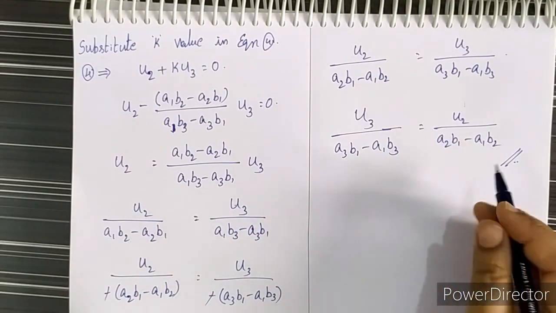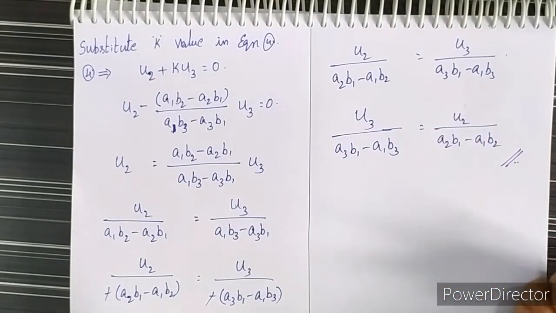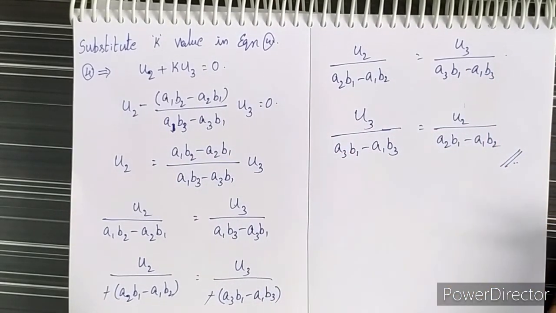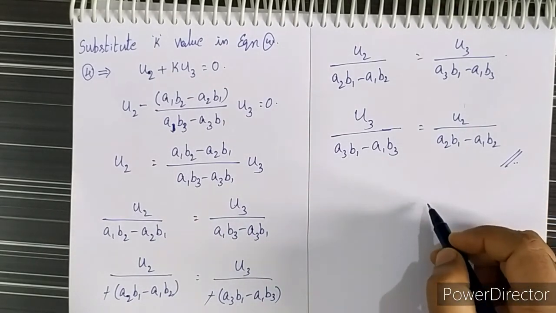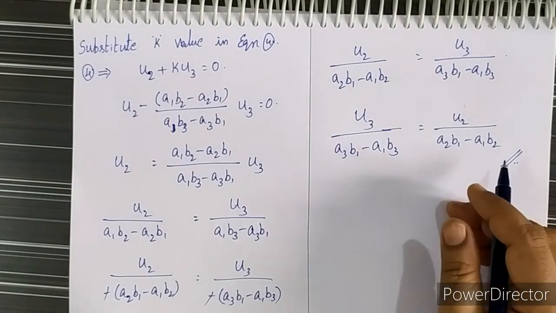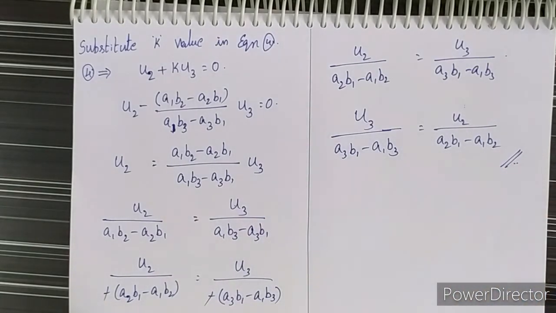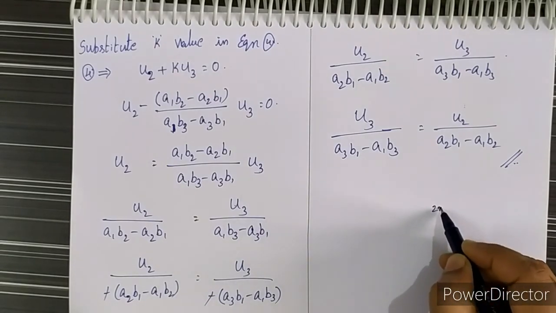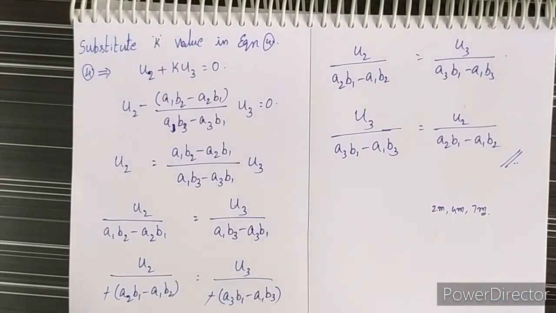In this straight line chapter, all the problems are important. In the exam pattern, we face 2 marks problems, 4 marks problems, and also 7 marks problems.